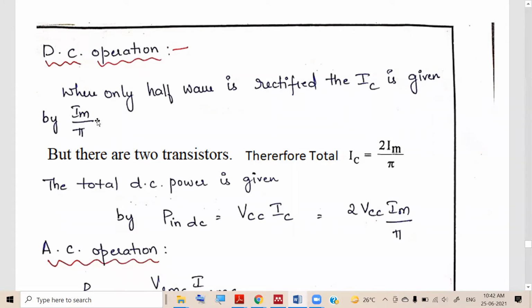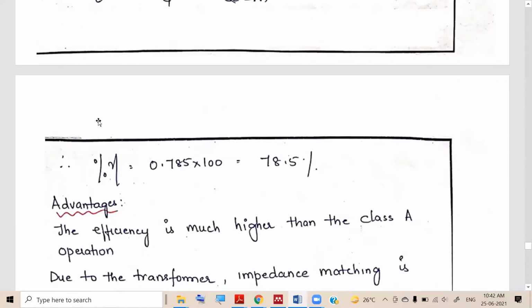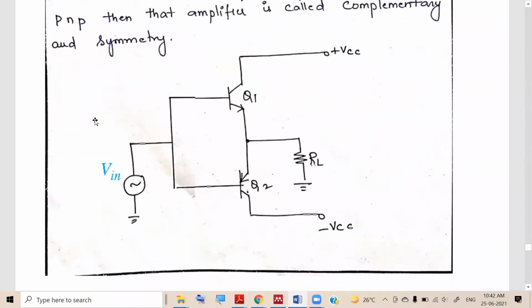Now here we have two transistors, and we discussed that for each half cycle one transistor conducts. So one transistor contributes for one half cycle, and another transistor contributes for the other half cycle.